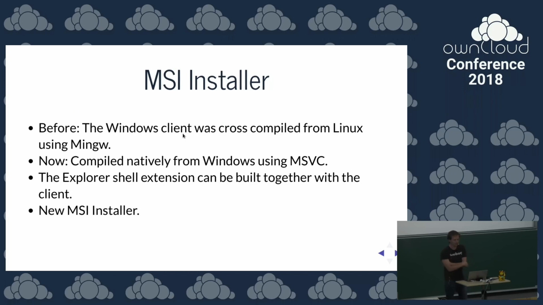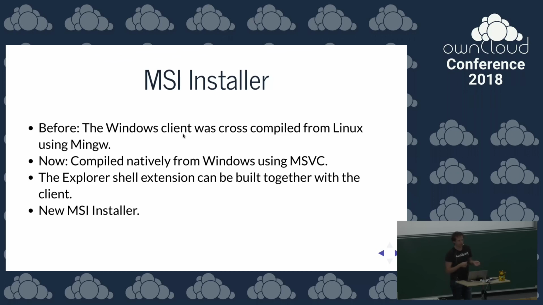Another change in 2.5 is the way the client is installed. Previously, the Windows client was built from Linux, so it was cross-compiled using MinGW. But in 2.5 now, it's compiled directly on Windows using MSVC. And there is a new MSI installer.